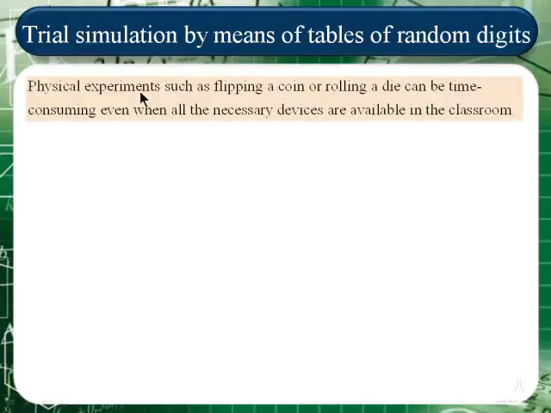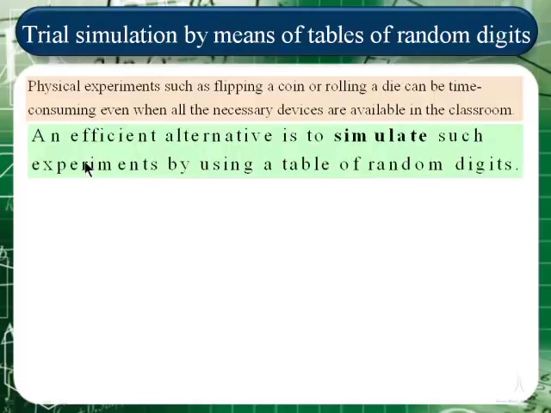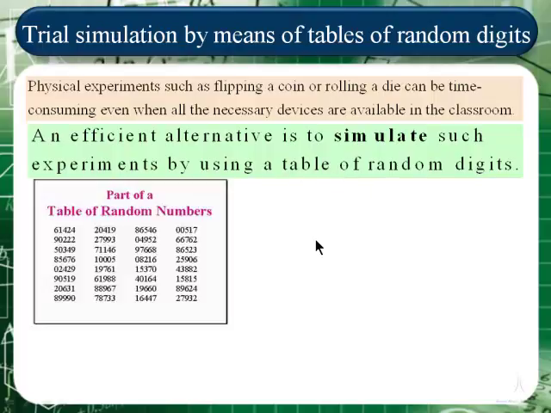Now physical experiments such as flipping a coin or rolling a die can sometimes be time-consuming, even when all the necessary devices are available in the classroom. An efficient alternative method is to simulate such experiments by using available tables of random digits.